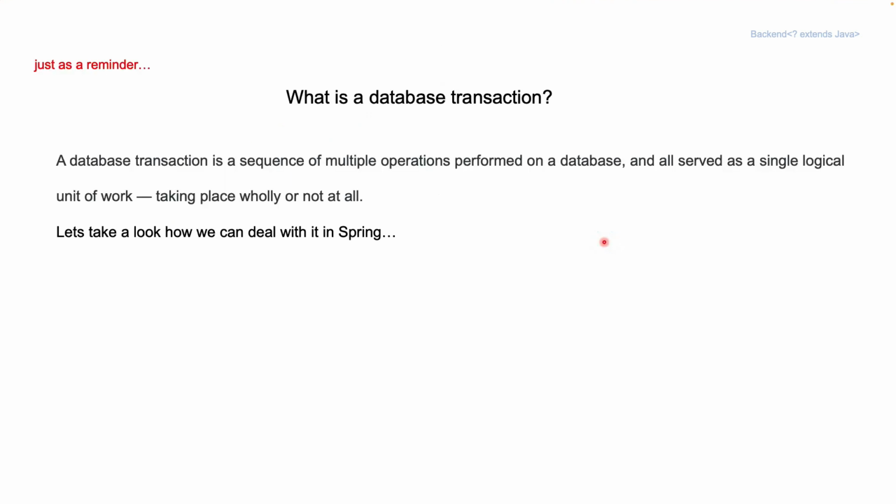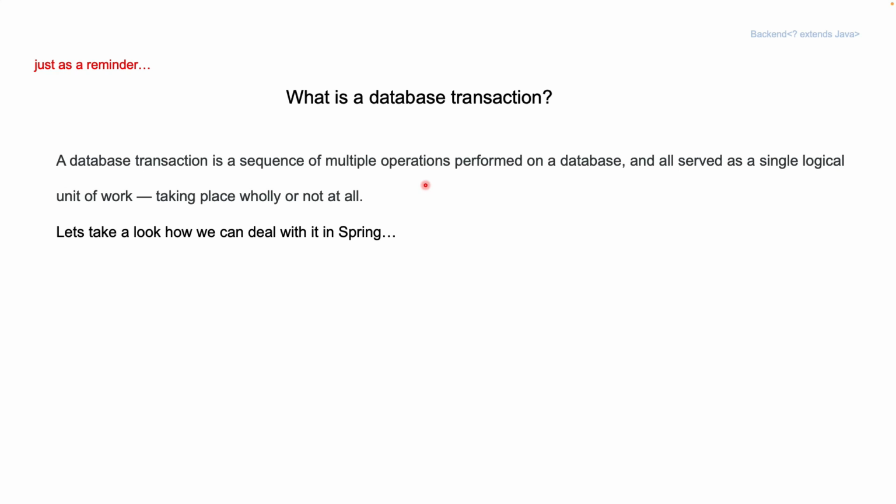Before jumping to the program code, let us recall a little bit what a database transaction is. To say it simply, a database transaction is a sequence of multiple operations performed on a database, and all these operations serve as a single logical unit of work, taking place wholly or not at all. Here, under operations, we can understand different sets of operations.